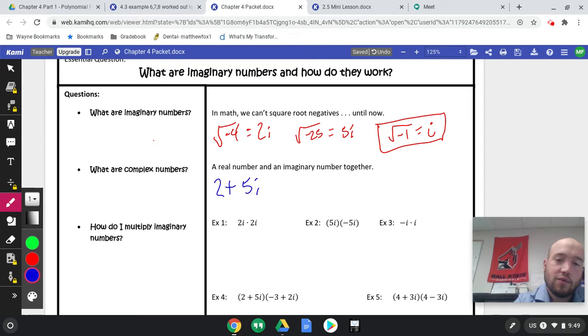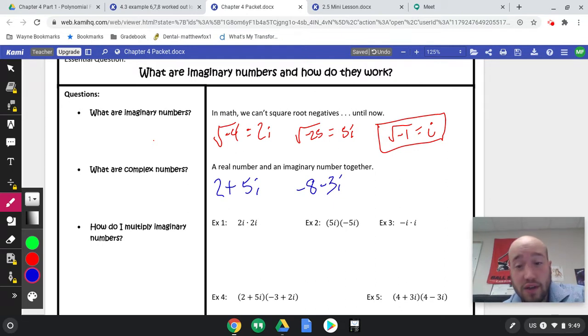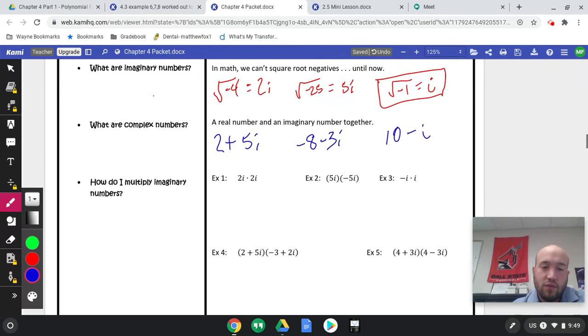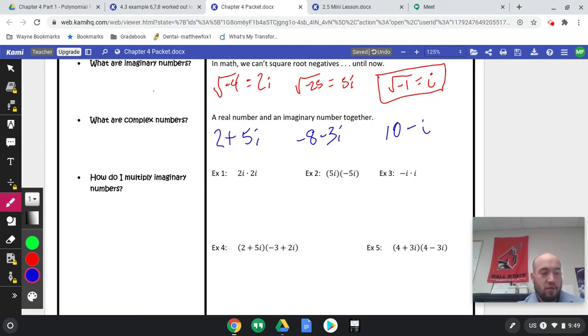I can make up literally anything, just a number at the front. It could be positive or negative. The imaginary number could be positive or negative. Whatever we want.